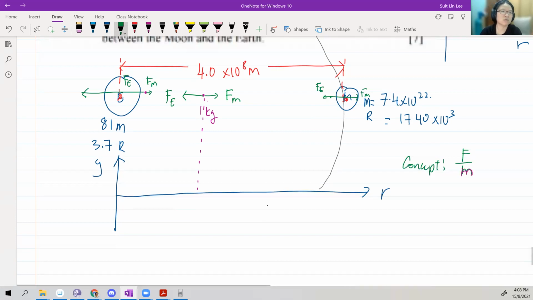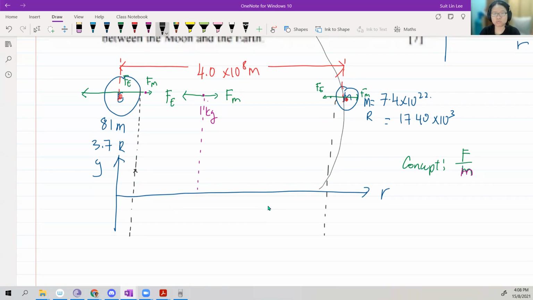So there are a lot of calculations that I probably need to do. For example, I need to know what is this. Because here, the force of the Earth is very strong. So I need to know what is going on with this. I also need to know what is the force per unit mass here, what's the force per unit mass here, and what's the force per unit mass along the points.